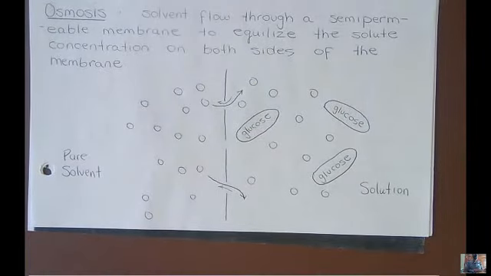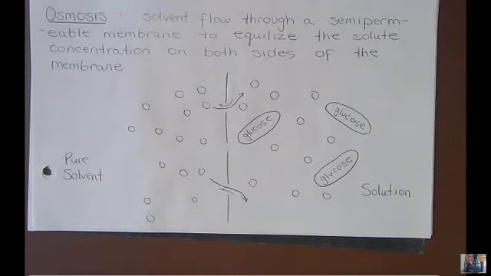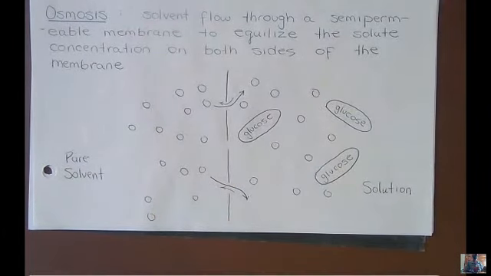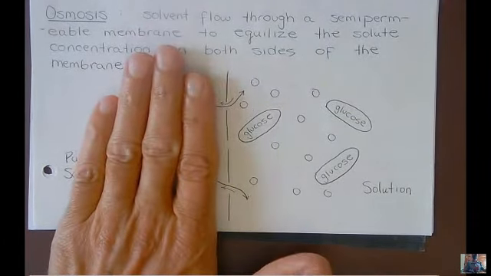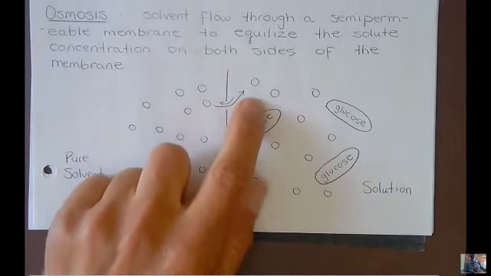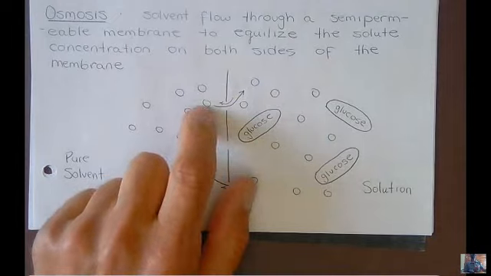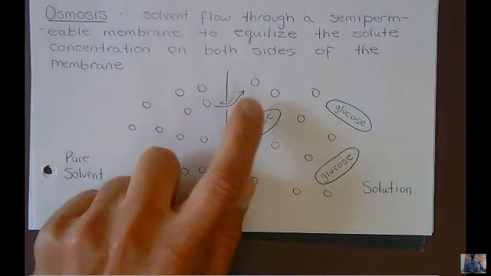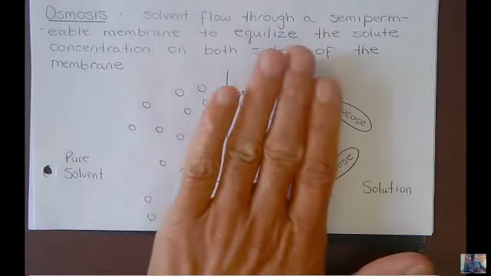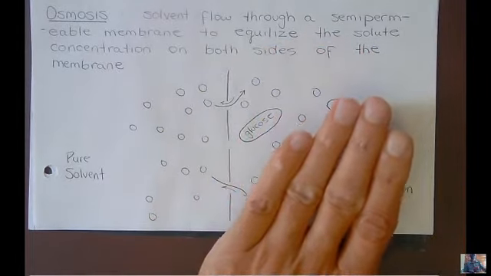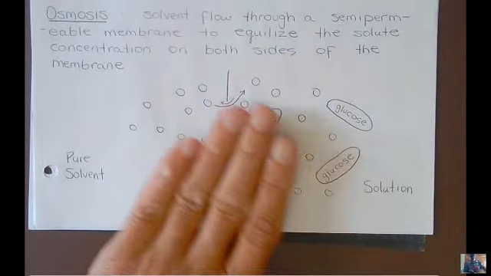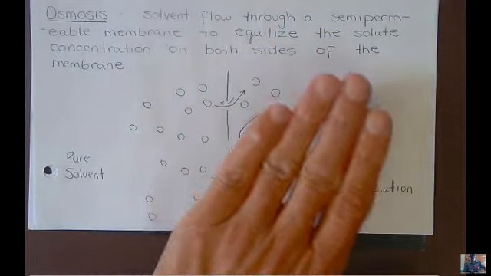So what do we have? We're kind of tricking nature here. That fundamental driving force is called entropy. Things tend to go to less organization. So even though there's no energetics for the water molecules traveling favorably from left to right, there's an entropy factor. By going from left to right, they're going to make this side more dilute, and ultimately they're trying to get closer and closer to pure water.